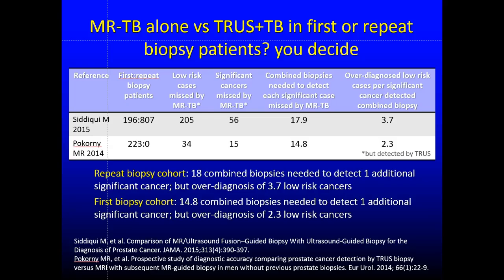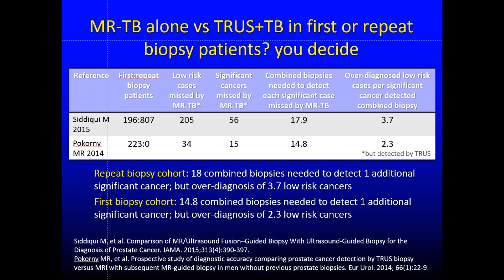But in the meantime, you will have overdiagnosed 3.7 low-risk cancers. In the first biopsy cohort, you would have to perform nearly 15 combined biopsies to detect one additional significant cancer using the combined approach. But you will also end up diagnosing about 2.3 low-risk cancers, which you really don't want to do.